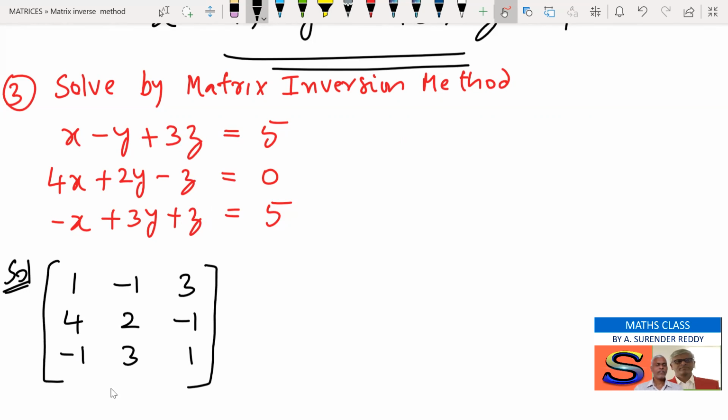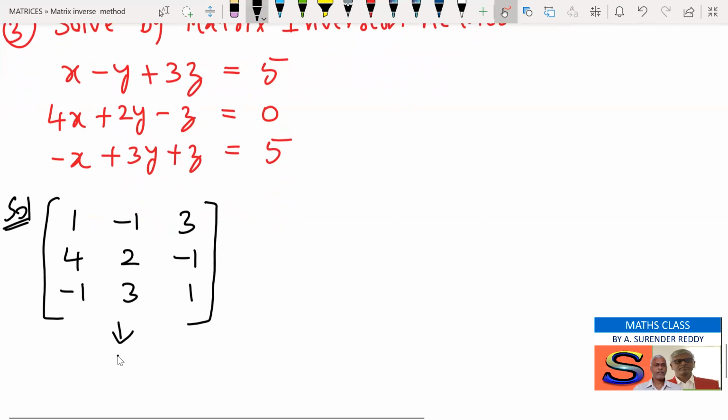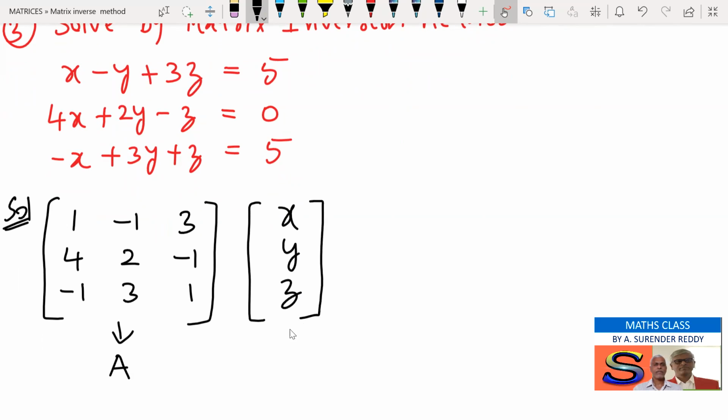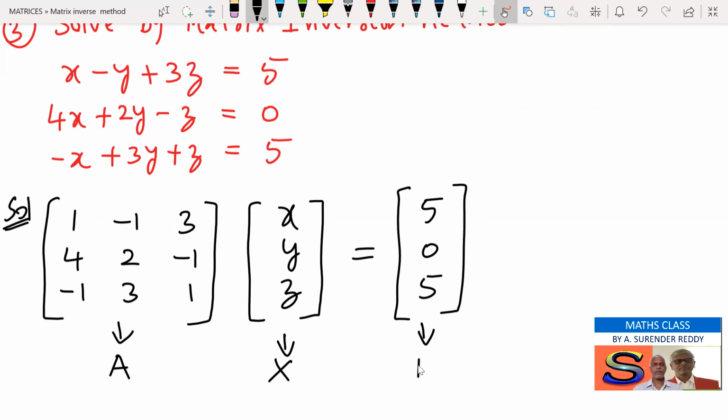Let us name this as A. The second matrix, the variable matrix, name it as X. And the third one, 5, 0, 5, name it as D. So this is the matrix equation AX equals D.